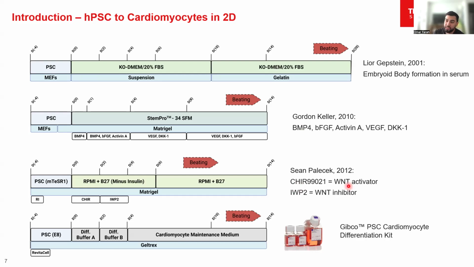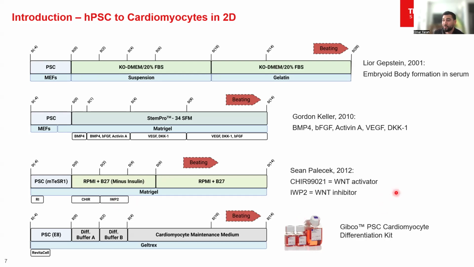It's a small molecule that targets GSK3 beta, part of the canonical Wnt signaling pathway, and can start the induction of mesoderm. And then shortly after that, you need to actually inhibit Wnt signaling. So they add another small molecule called IWP2 that blocks Wnt activity, which will then take the mesoderm progenitors and start to specify them into cardiac mesoderm specifically.